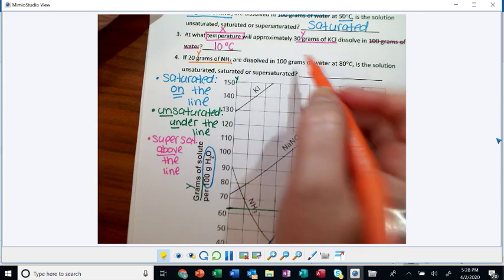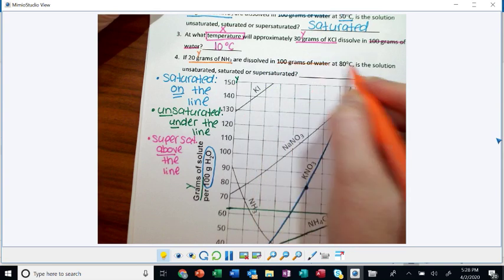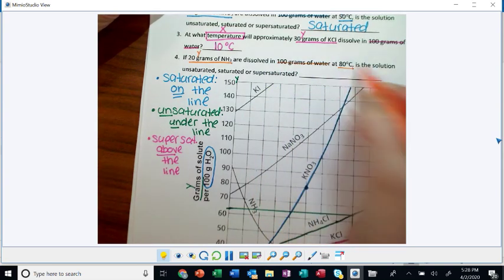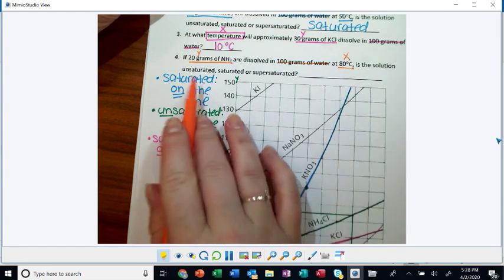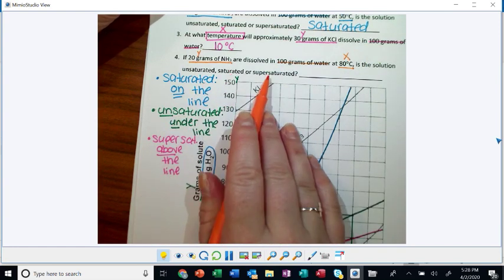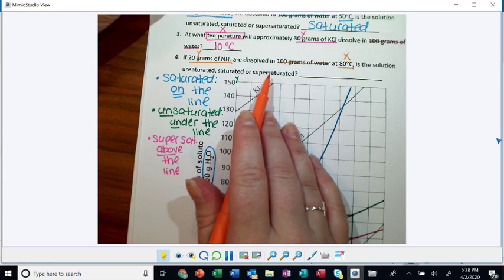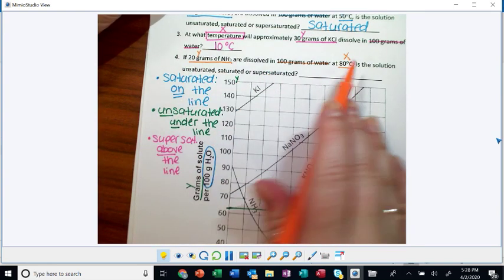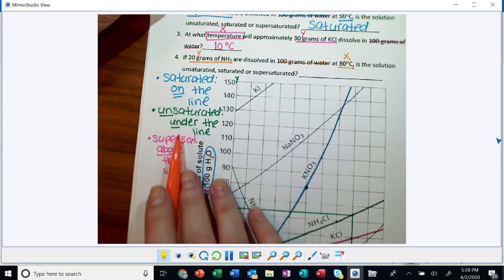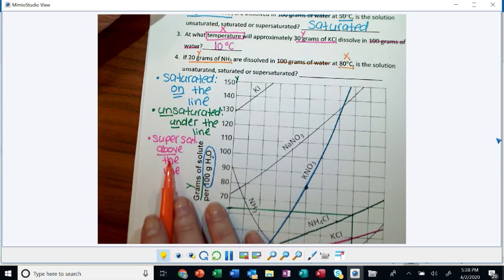We never need the 100 grams of water at 80 degrees Celsius. That's my temperature, so that's going to be my X. Is the solution unsaturated, saturated, or supersaturated? So again, when I plot the point of 20 grams and 80 degrees Celsius, am I going to be on the line, under the line, or above the line?